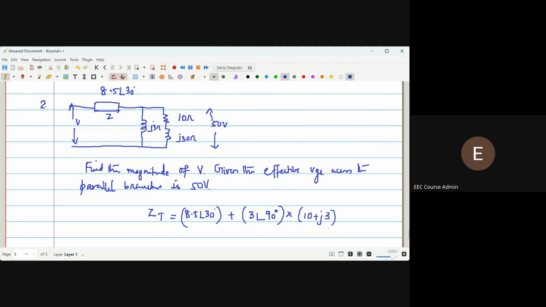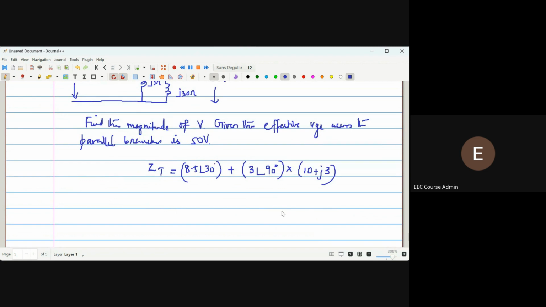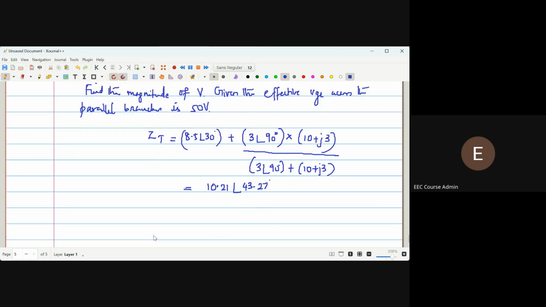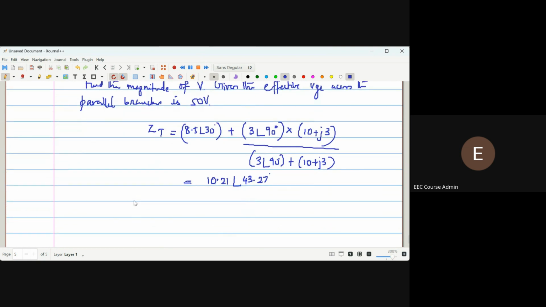So Z1 Z2 by Z1 plus Z2: 3 angle 90 into 10 plus J3 divided by 3 angle 90 plus 10 plus J3. This will be the total impedance, and if you try to calculate this, you will get it around some value. Okay, so these things you can do as such. We are just focusing on the procedure.